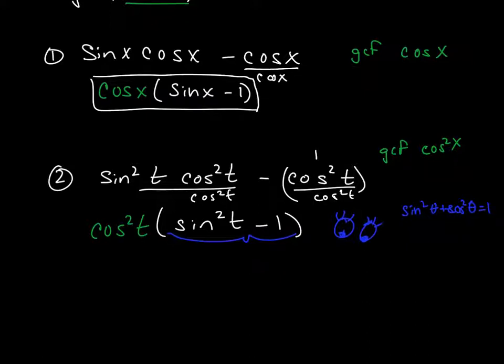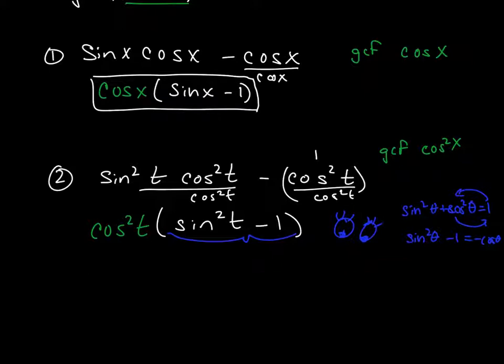So I want that to be a negative 1 this time, right? Because I want that to be a negative 1, I want to move the cosine over and the 1 over this way. So now I have that the sine squared of theta minus 1 is equal to negative cosine squared of theta. So that's what I'm going to replace that with.